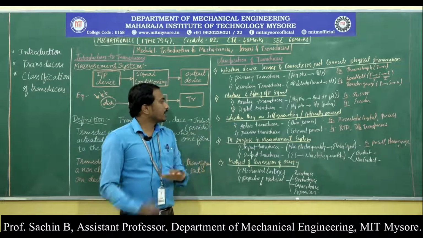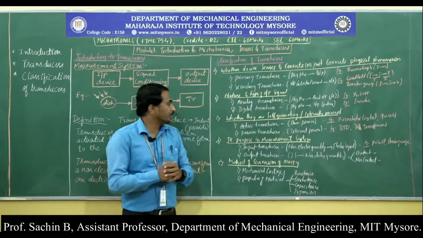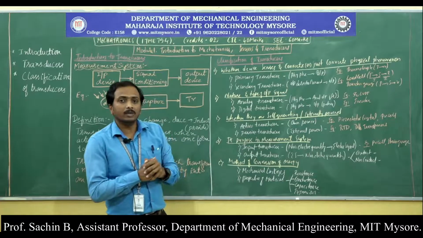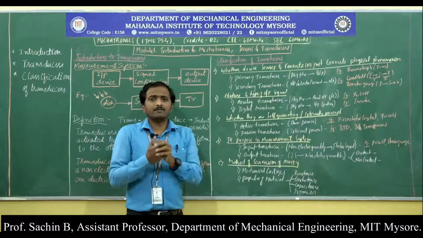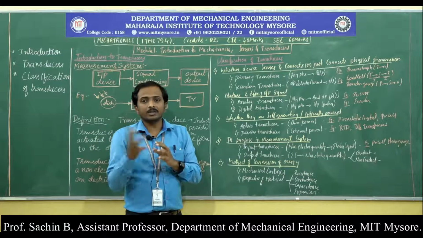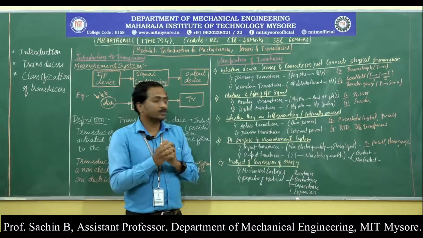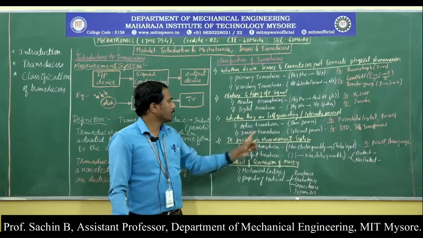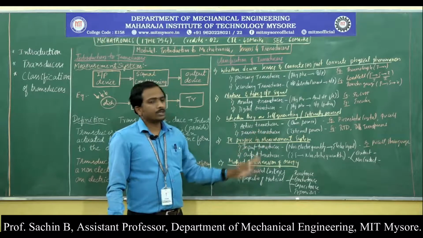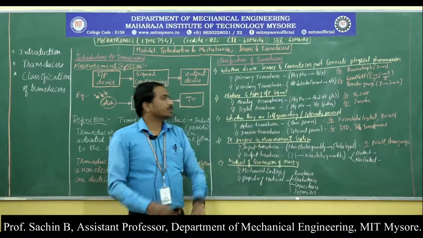Next, the classification is whether they are self-generating or externally powered. Means, with the aid of some external power supply, does the transducer work or not. That is very much important. Here we have two types, the active transducer and the passive transducer.